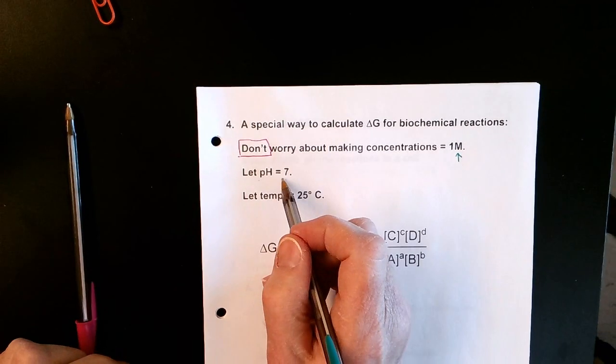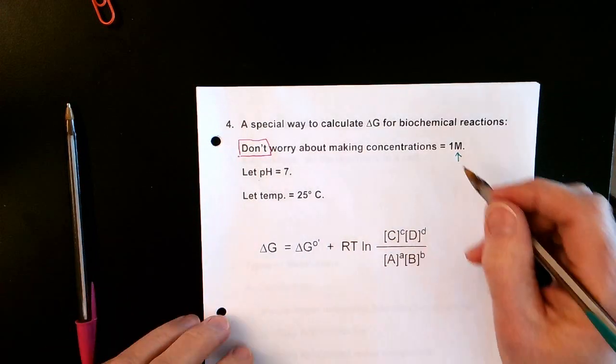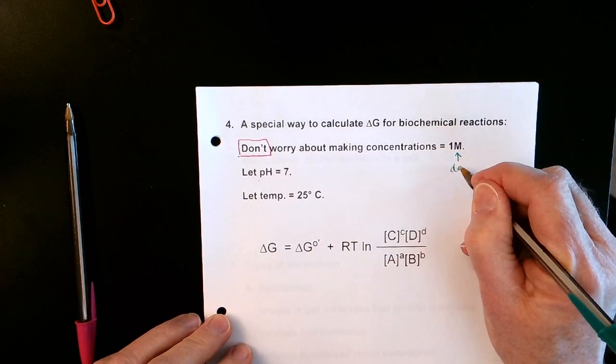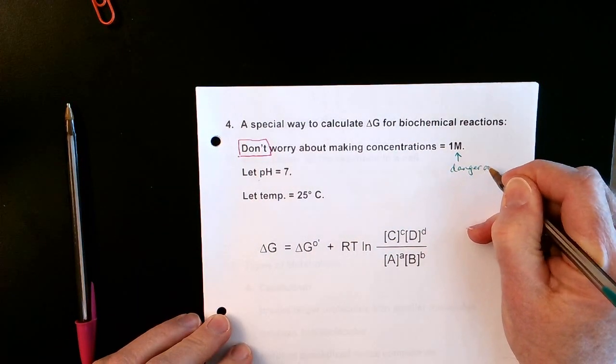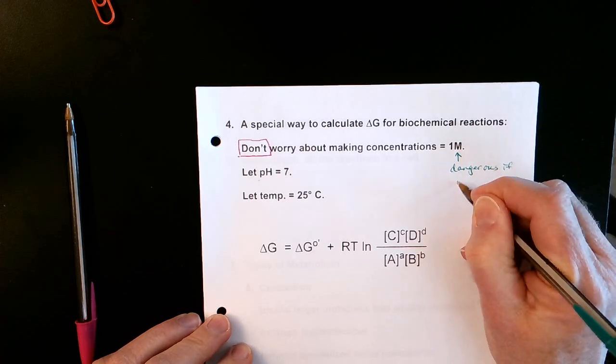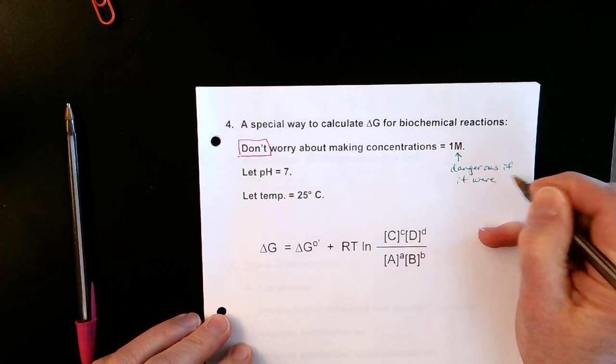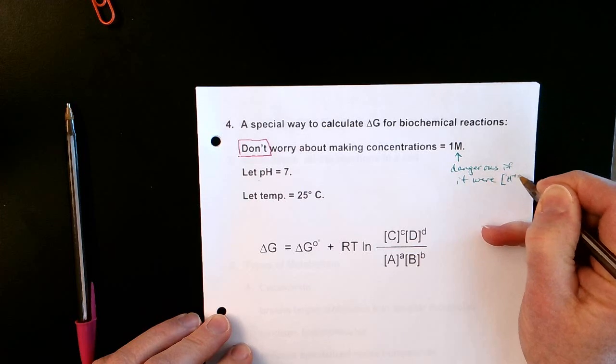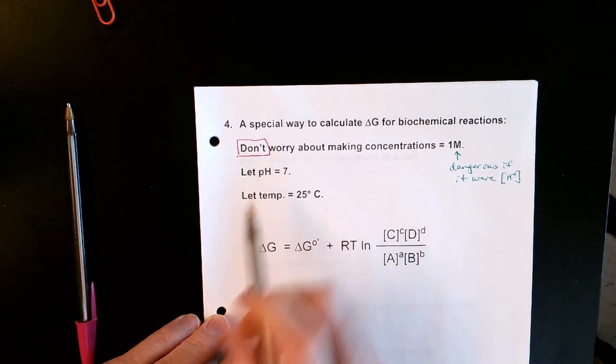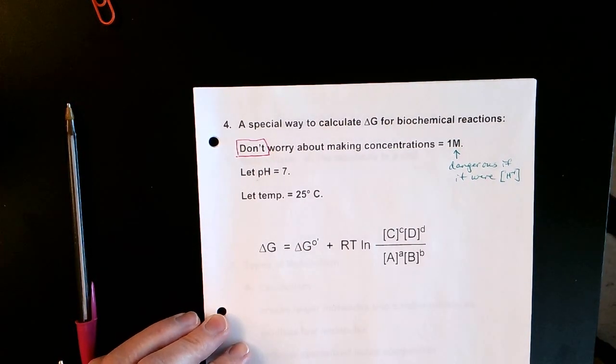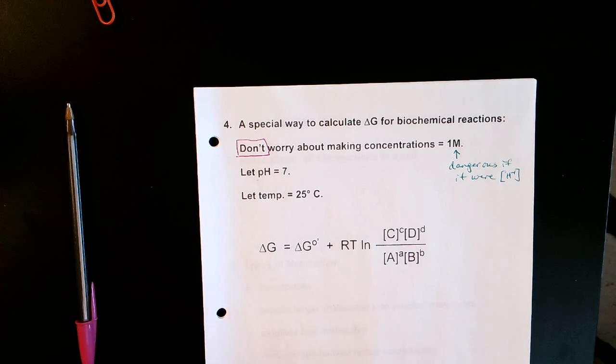You let the pH be equal to 7. 1 molar, that would be dangerous if it were the hydrogen ion concentration. So that's why you pick a different hydrogen ion concentration, pH 7. So 10 to the minus 7, much more mild concentration.